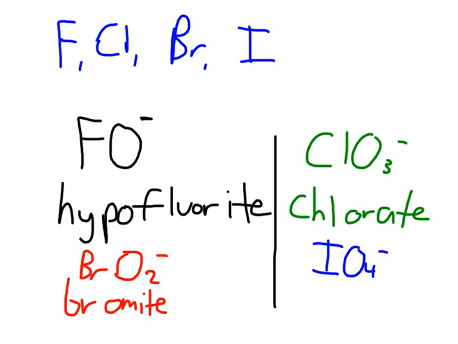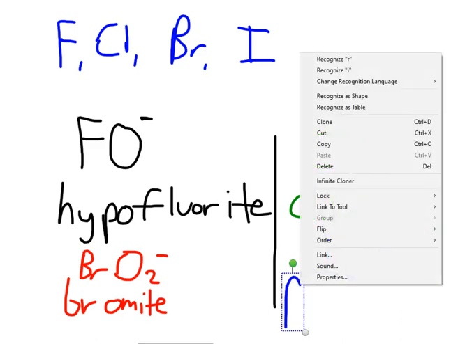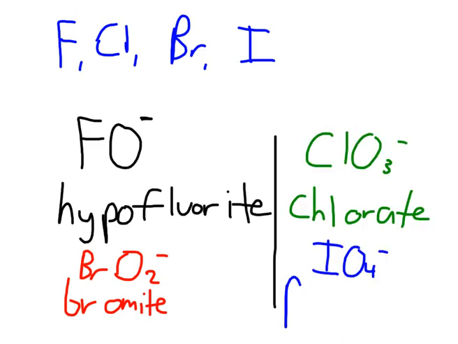This adds a prefix of per onto it. So this would be periodate. Fluorine would be perfluorate. Chlorine perchlorate. Bromine perbromate.